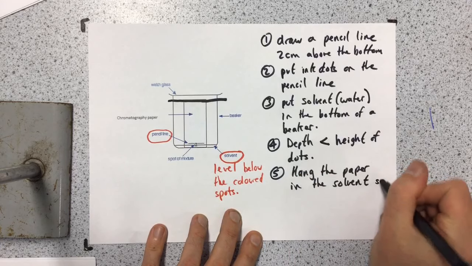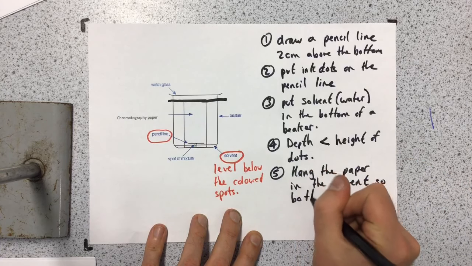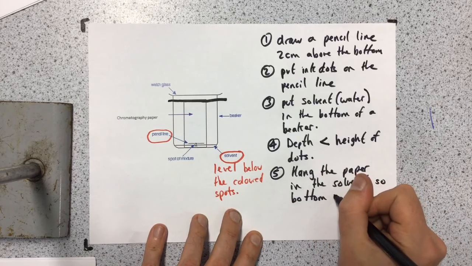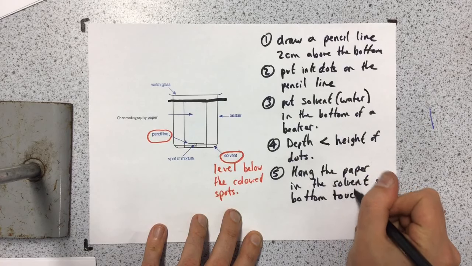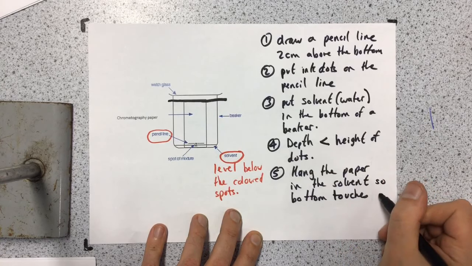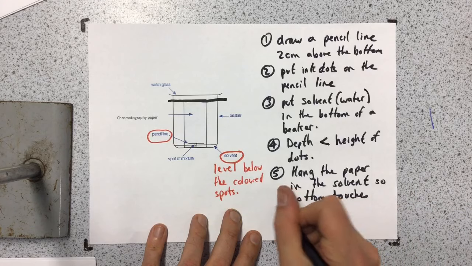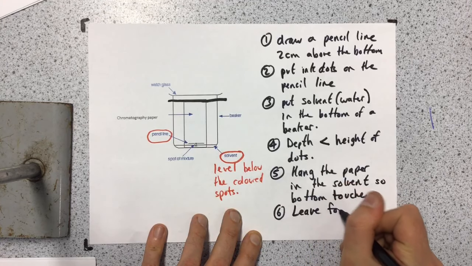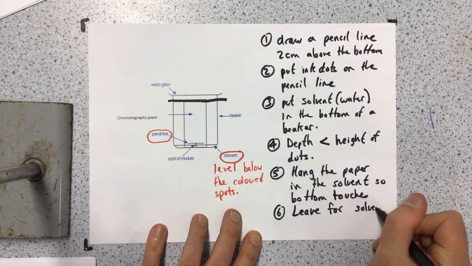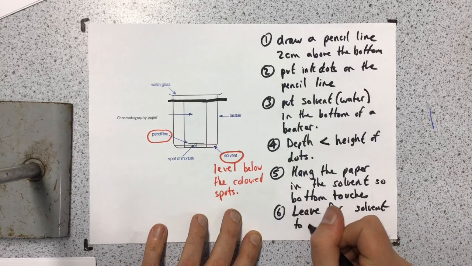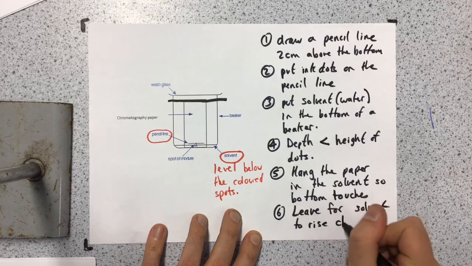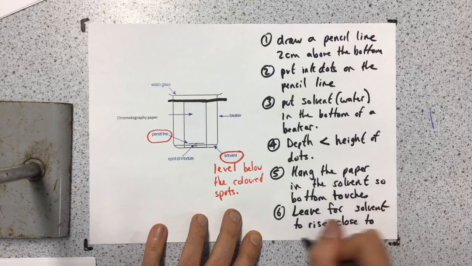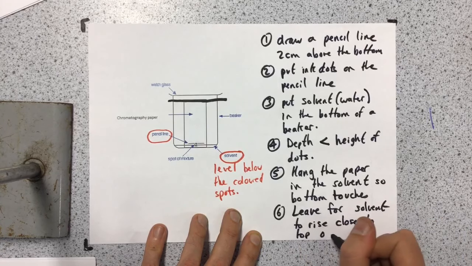So the bottom touches the solvent. And number 6 is you leave it for the solvent to rise close to the top of the paper.